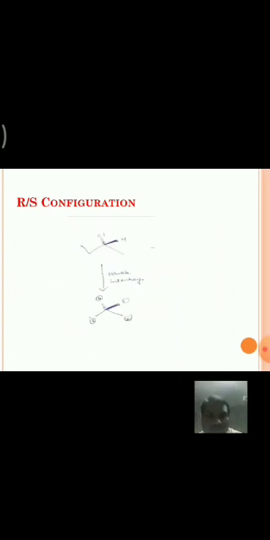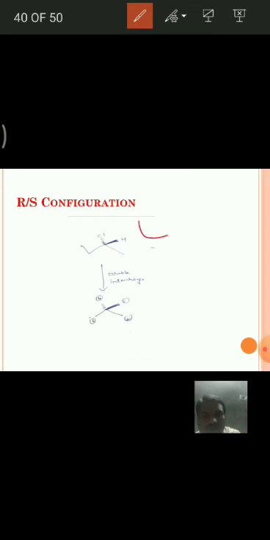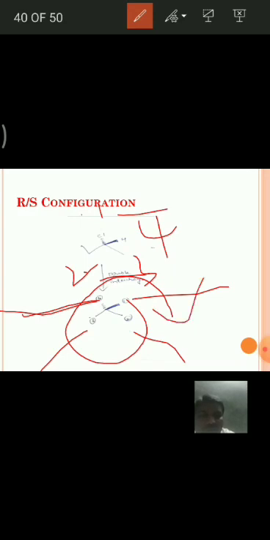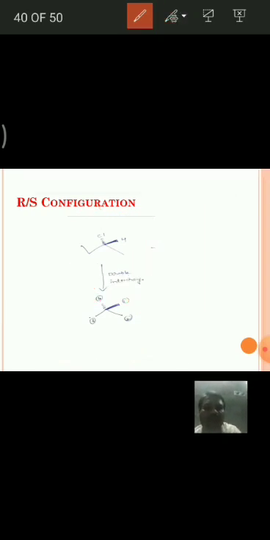See here, this is 4, this is 1, this is 2, this is 3. 2 3 exchange and 1 4 exchange. No need to write the groups here. 4 is again with hatched wedge, hence 1 2 3 is like this, clockwise, again R.